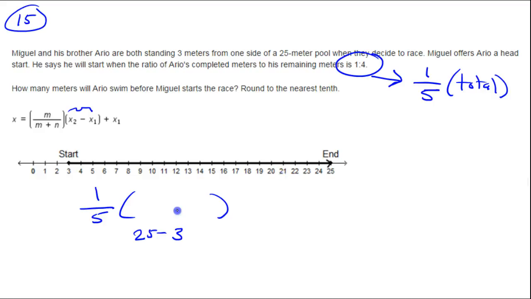Obviously that is a distance of 22. So that's the total distance we're talking about, and 1/5 of that is how far Ario gets to go before Miguel starts.